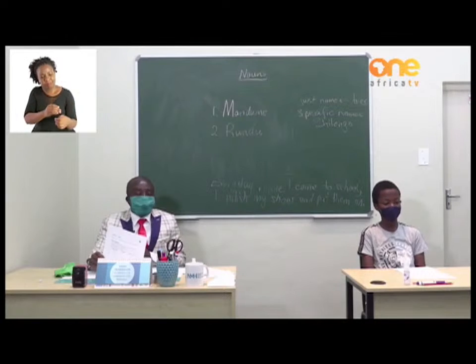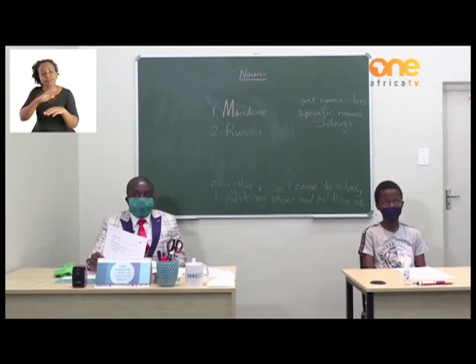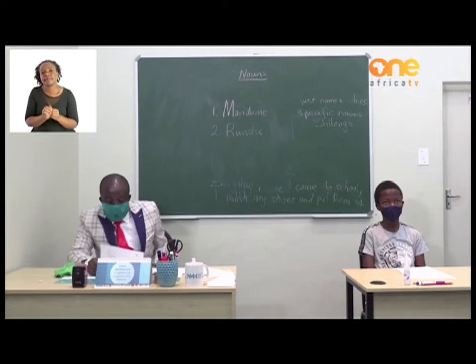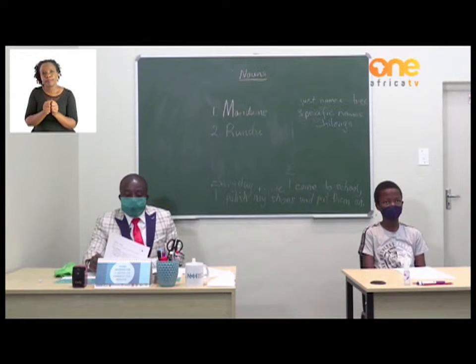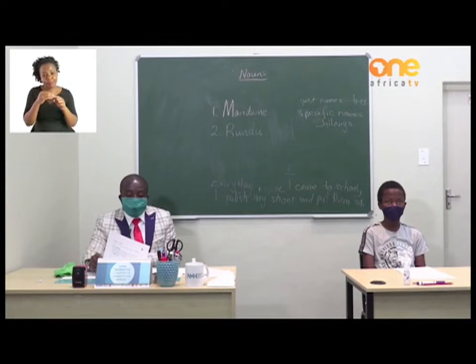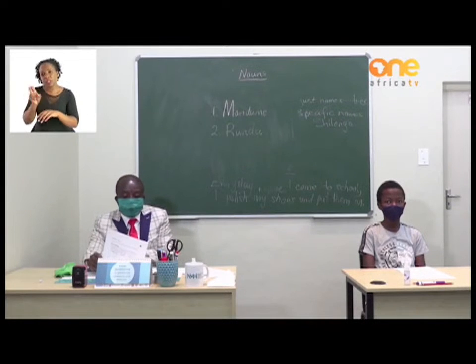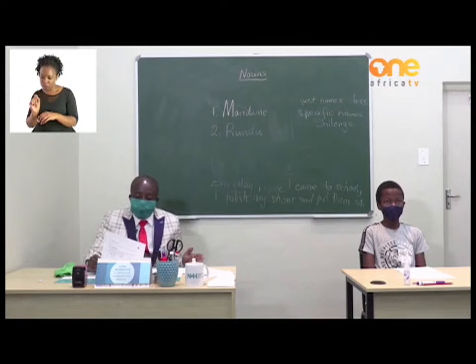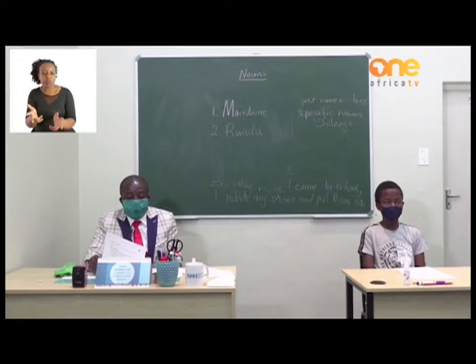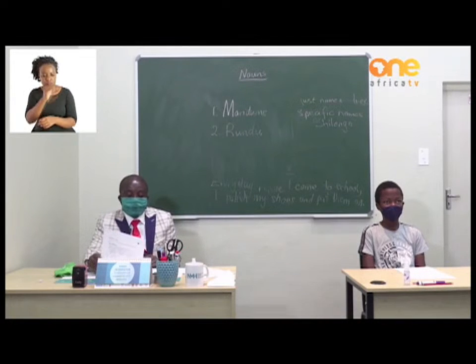Like Swakopmund, which is a town, we write it beginning with a capital letter. Right, so I am saying all those words which are specific names, like Swakopmund, we write them under proper nouns, and then the other words, the other names, we write them under common nouns.